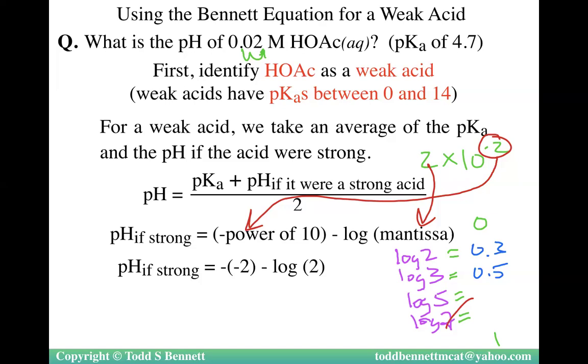And take the 7 and bring it over here, 0.7, and 0.84-ish. Okay, I bumped it by mistake, but that's how you're going to memorize it. So the log of 2 is 0.3.